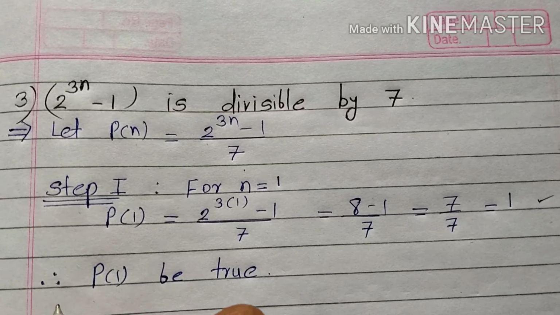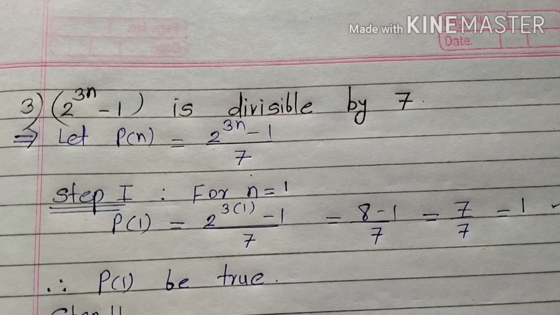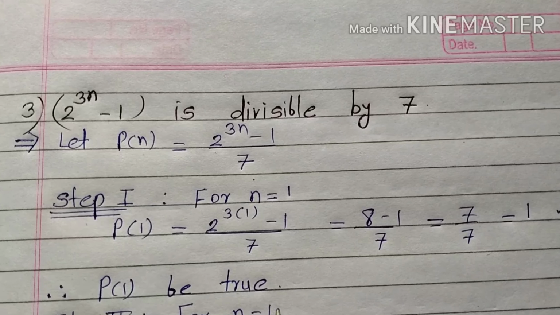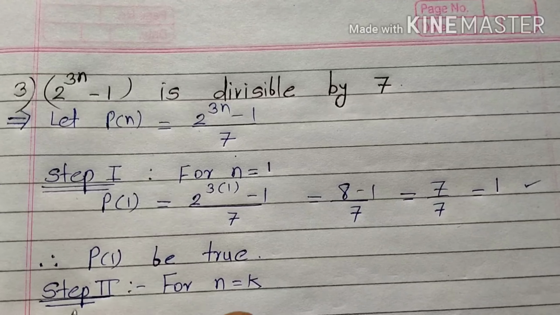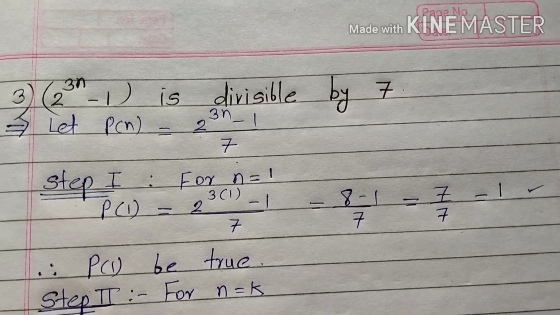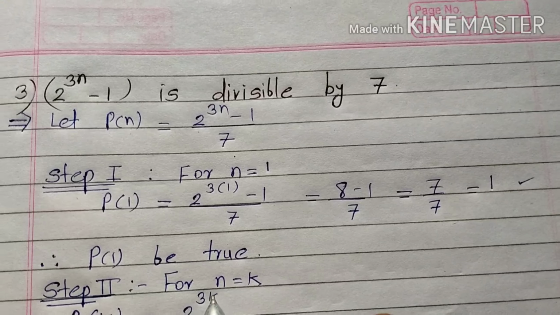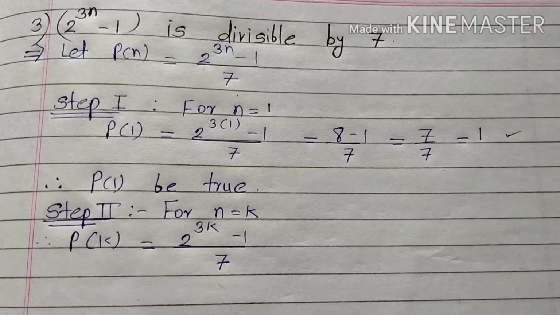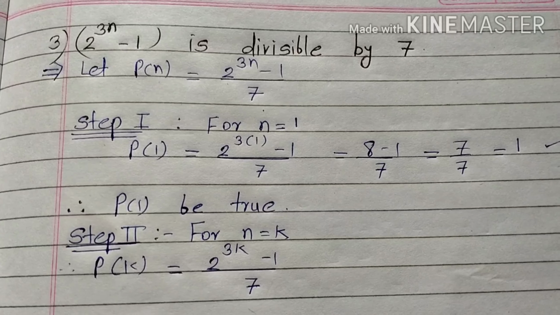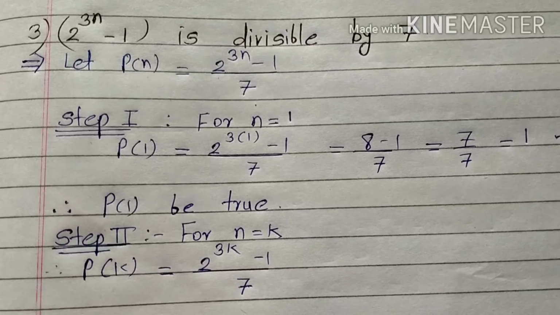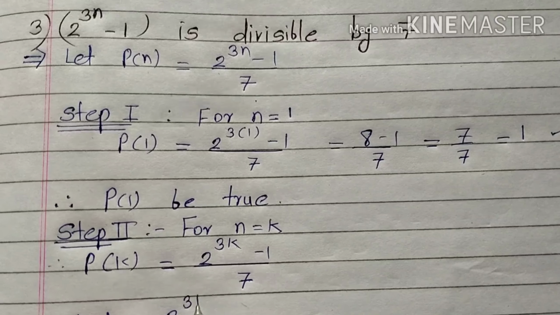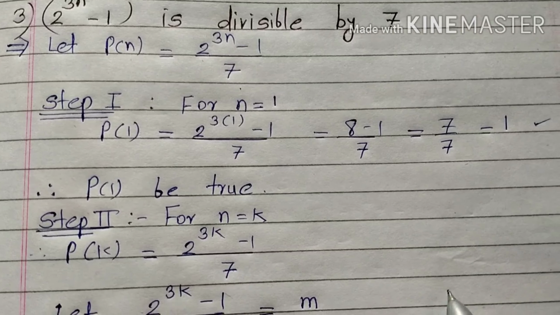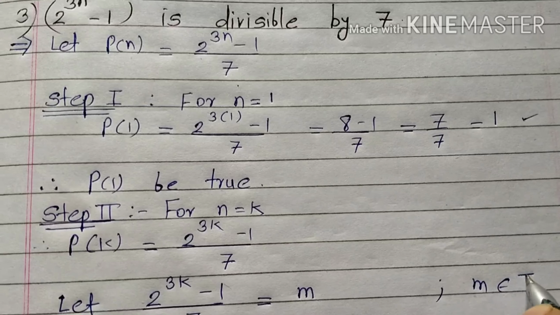Now we move towards step second. So step second, for n is equal to k. So therefore P of k is equal to 2 raised to 3k minus 1 upon 7. Okay, we have considered this to be true. So let 2 raised to 3k minus 1 upon 7 be equal to m, and this m belongs to integers.